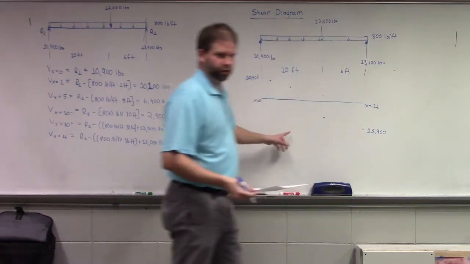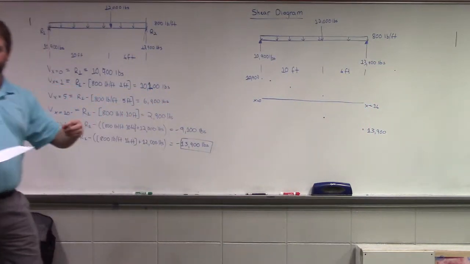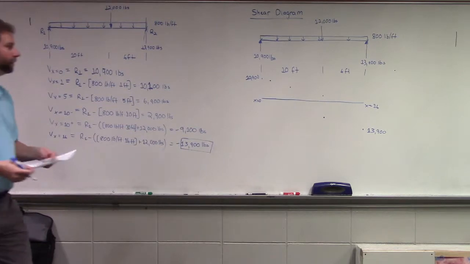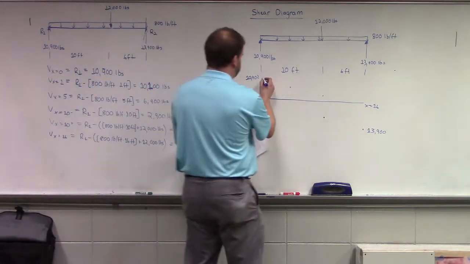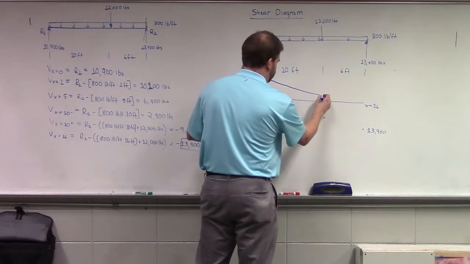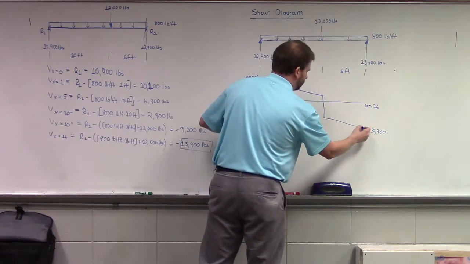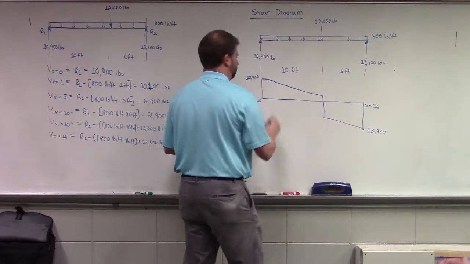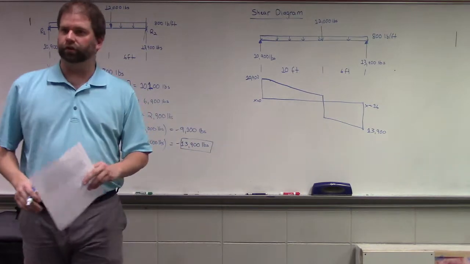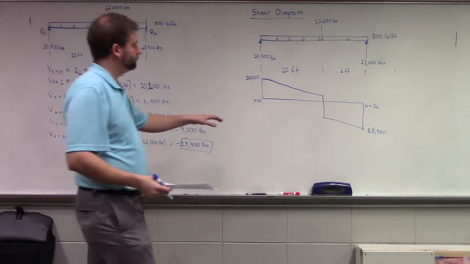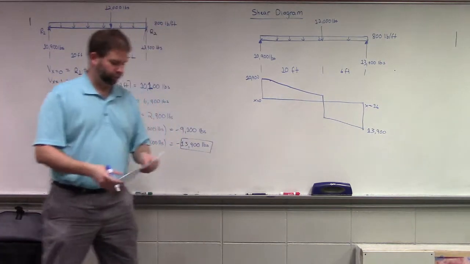When drawing these, your linear scale will come in handy here, right? To help you scale things. From there, it's just connecting the dots. Okay? So this is the shear diagram profile for a beam itself.